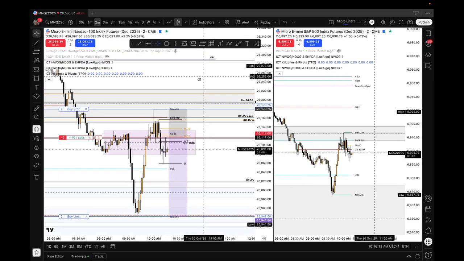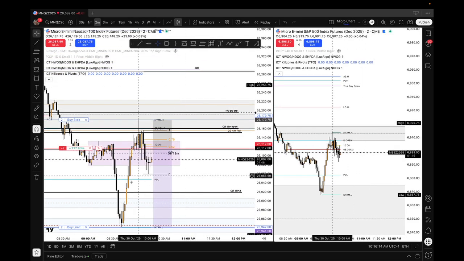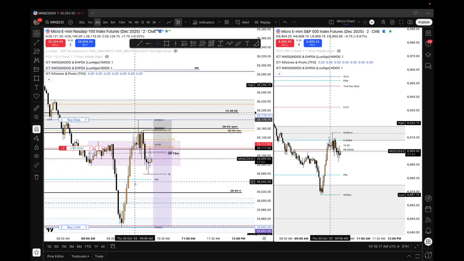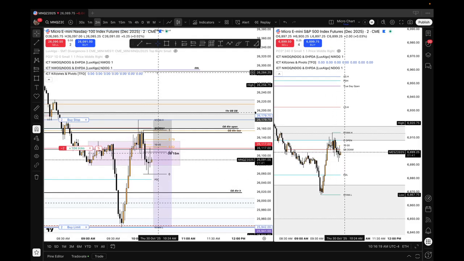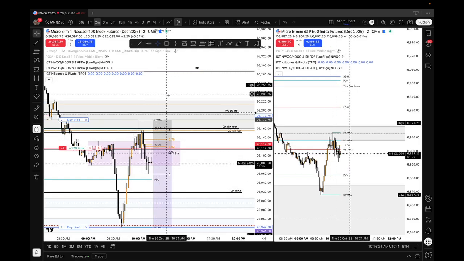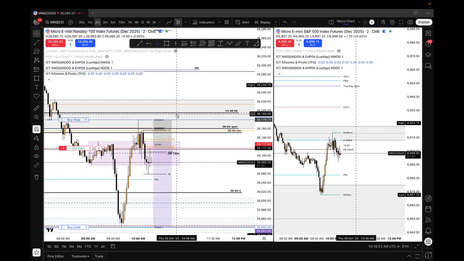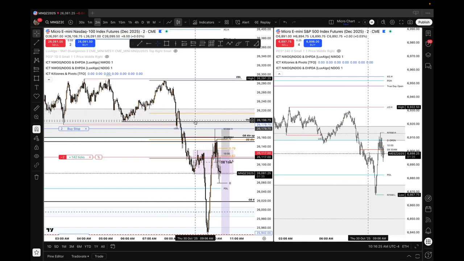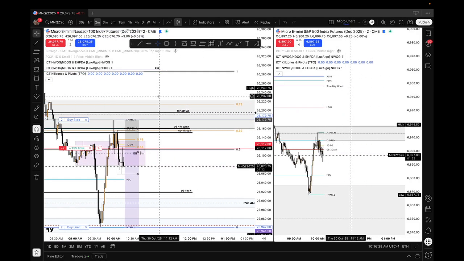The only reason I would think to get stopped out is if price wishes to come off equilibrium of this 15-minute range or the 5 minute, and then push up to equal highs, or this 1 hour breaker plus order block, which we did not tap into before displacing down.